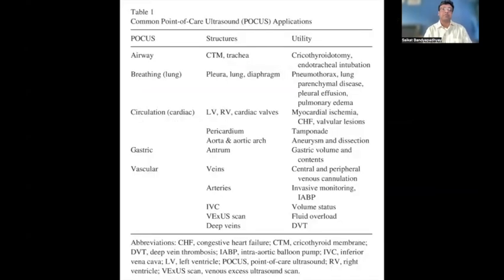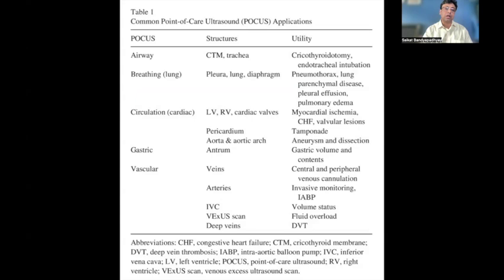Today, we're going to talk specifically about how POCUS is useful in airway ultrasound, in identifying the function of the lung, to identify pleura, lung, diaphragm. We're going to talk about focused ultrasound of the heart, which is looking specifically at the cardiac structures, the valves, the pericardium.